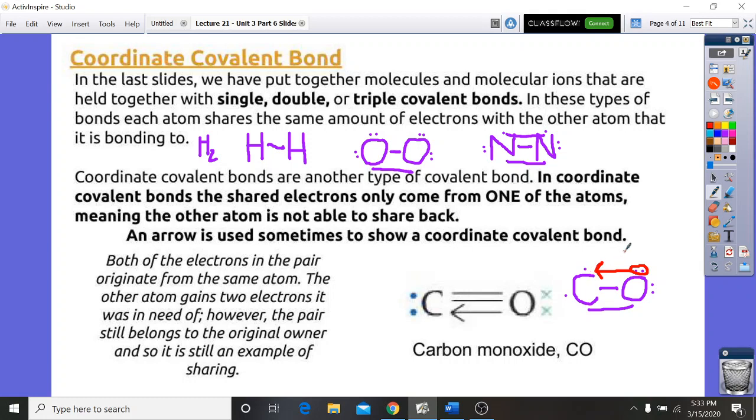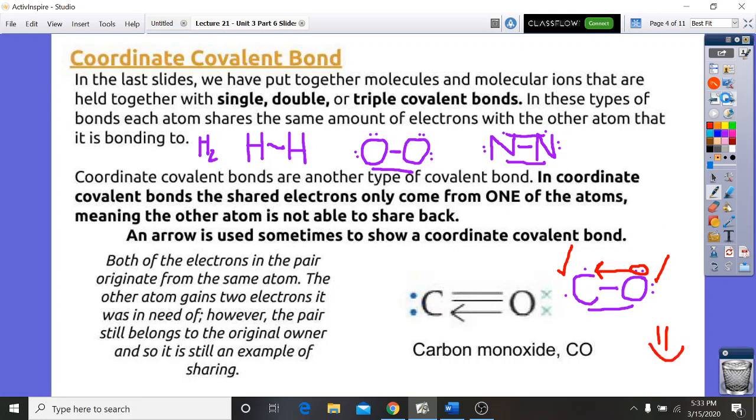Carbon now feels like it has 1, 2, 3, 4, 5, 6, 7, 8. Oxygen still has 8 because these 2 still belong to oxygen. So 1, 2, 3, 4, 5, 6, 7, 8. And it's not receiving anything back from carbon, so everyone is happy.